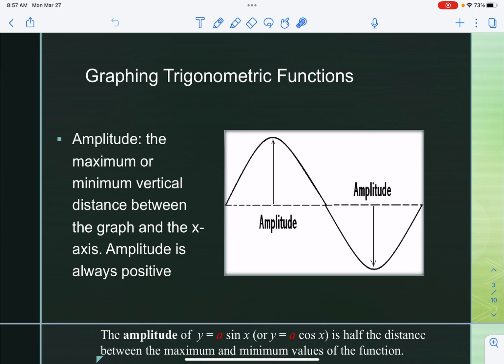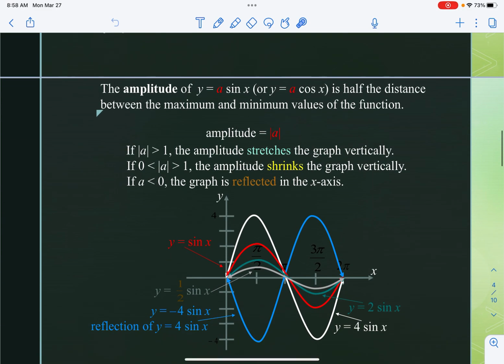The first thing we need to know is, what is an amplitude? The amplitude is the distance from the x-axis to the highest point, or the x-axis to the lowest point. So this distance is going to be the amplitude. And the amplitude is found by the number that's in front, and it's the absolute value.